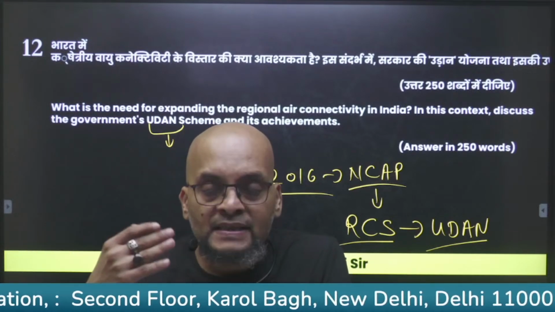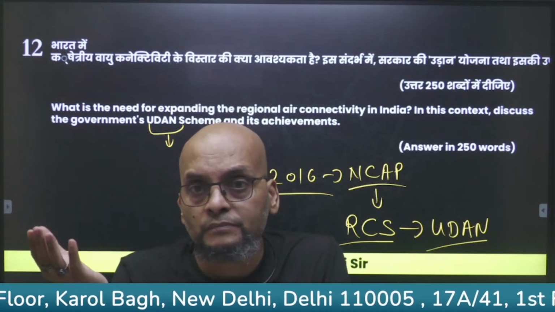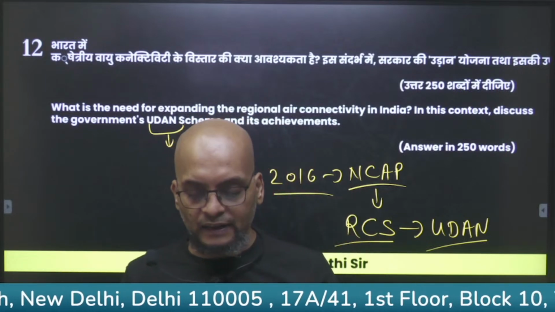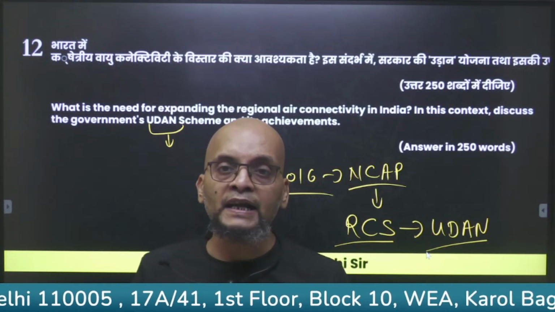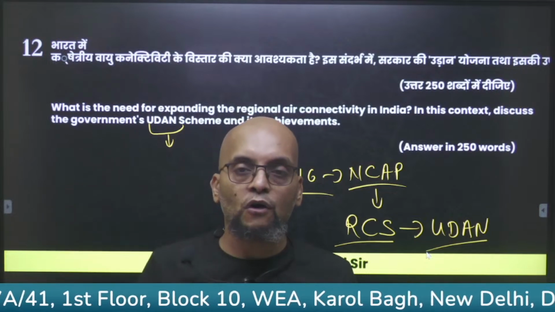Seats were subsidized up to 2,500 per hour. That much subsidy was given. And what was the target? The target was to achieve the connectivity of 100 airports by 2024. So these were the features of UDAN.